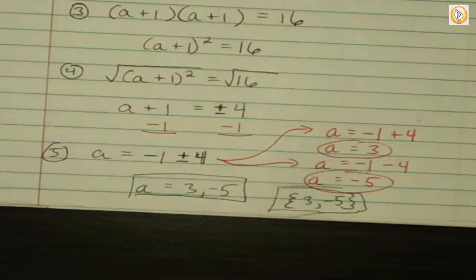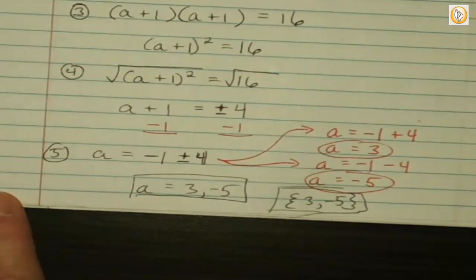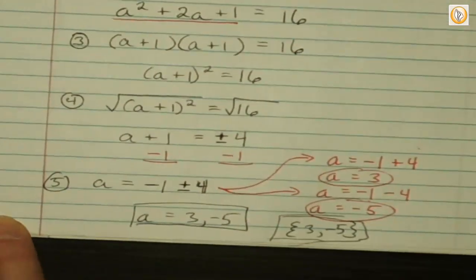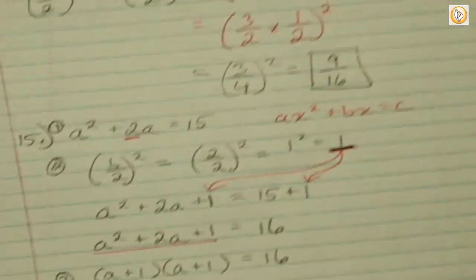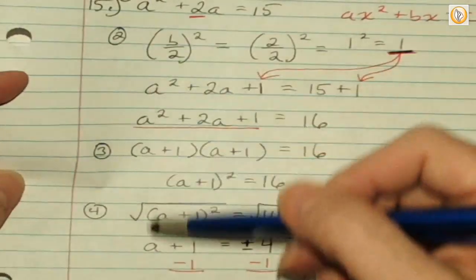I'm going to find out why. But do we understand how to solve in the meantime? If you gave me this, I'm not marking it wrong. If it says give me the solution set and you give me this, I'm not marking it wrong. If you know how to solve this thing, you are good to go. I don't care what teacher you have. Any questions about this? You see why I have the steps written out?